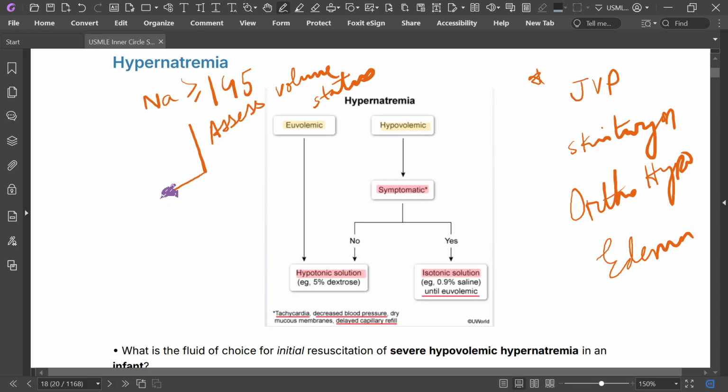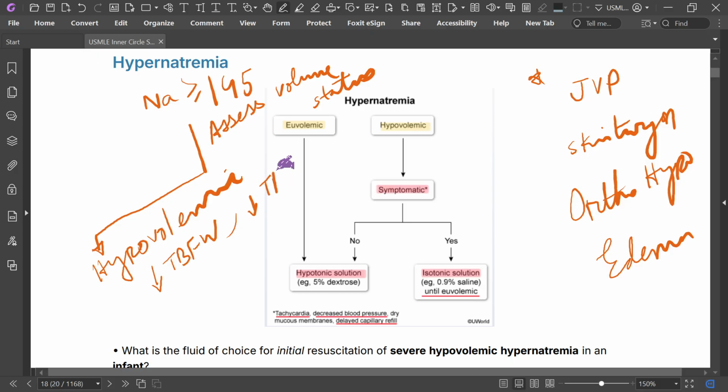If it is hypovolemic hypernatremia, then what you need to see is total body free water. In hypovolemic hypernatremia, total body free water is decreased and total body sodium is also decreased.